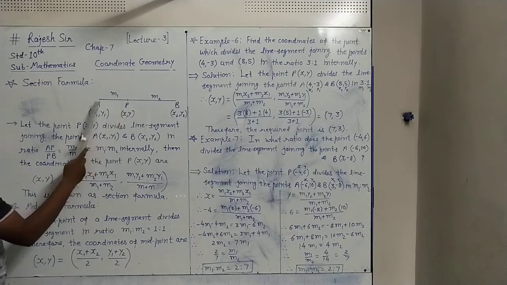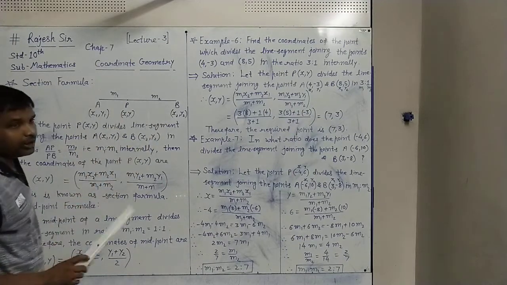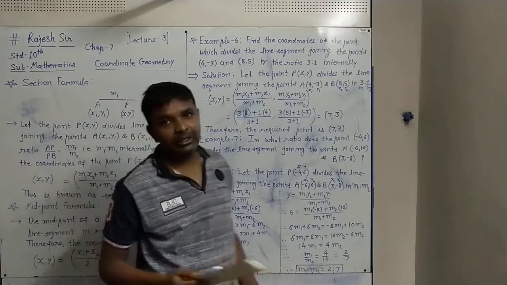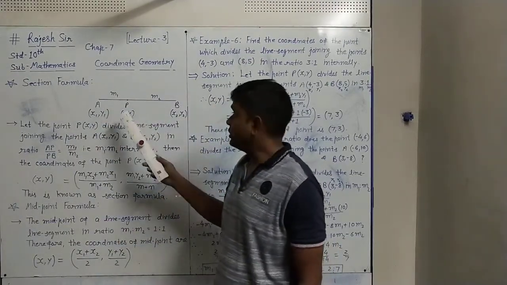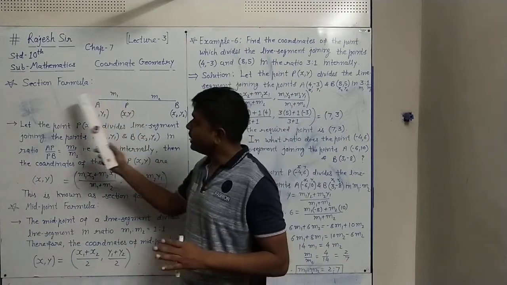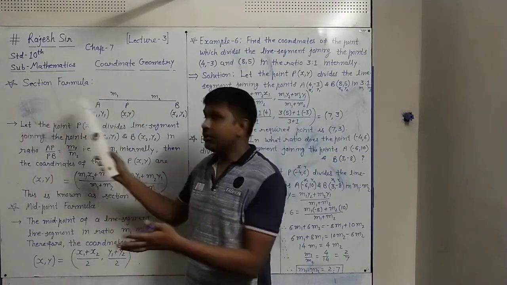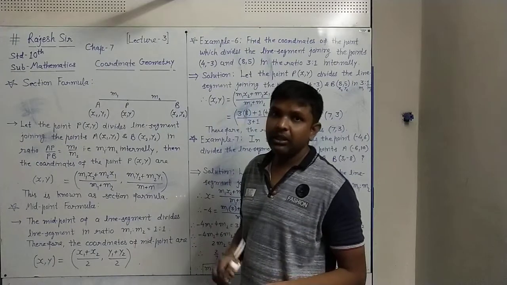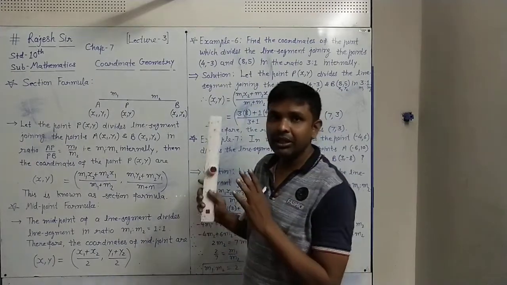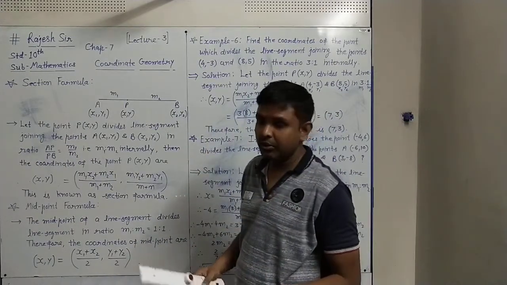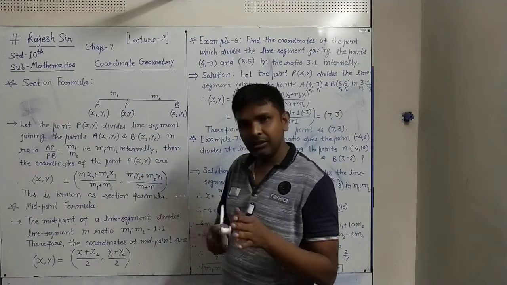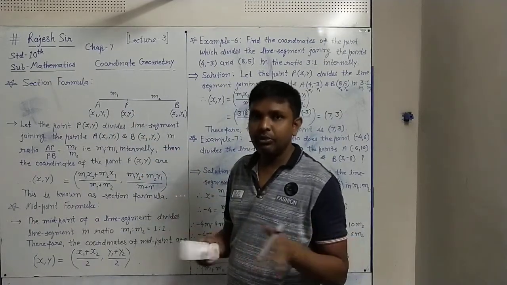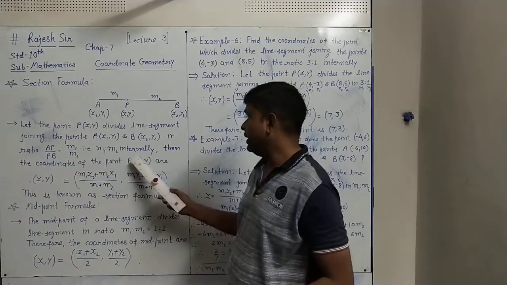Internally means P is inside AB. In next classes you will see P may divide AB externally also, in which case P will be outside, before A or after B. But in our 10th standard course, only an internally dividing point is given. So always we have to take the dividing point inside the line segment joining the two points.